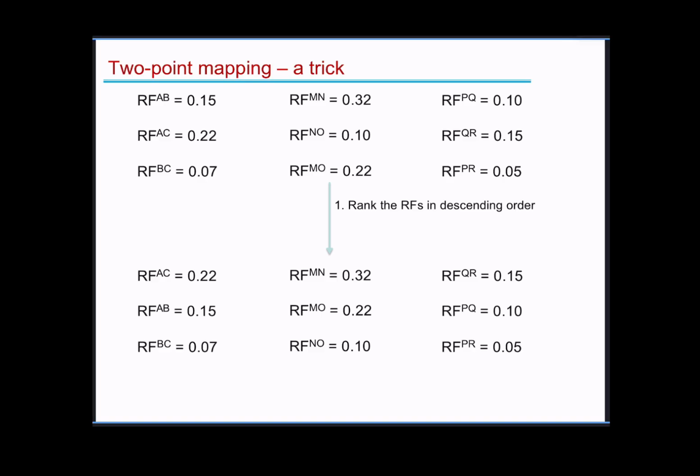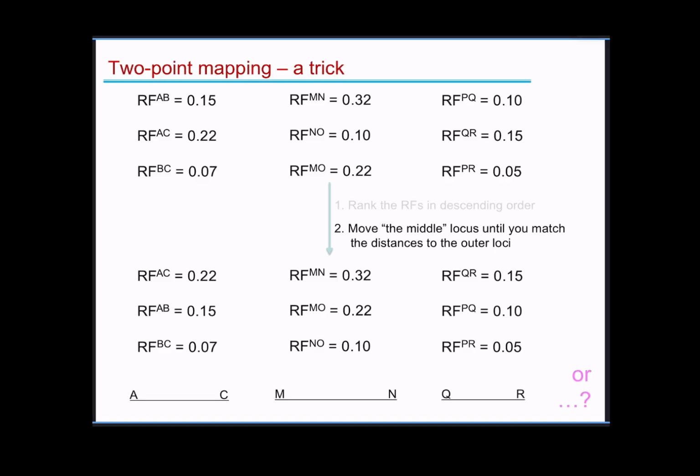So the furthest apart. In this particular case, A and C are 22 map units apart. Now we know if A and C are the ends of this map, B will be somewhere in the middle. So what you do is you, quote unquote, move the middle locus until you match the distances to the outer loci.